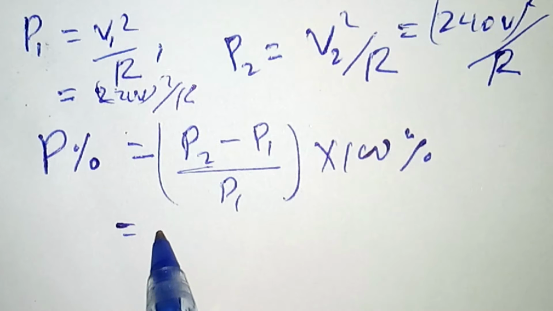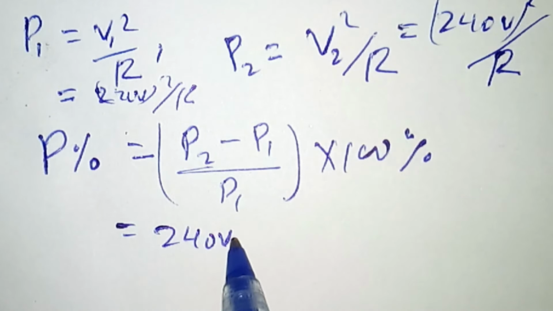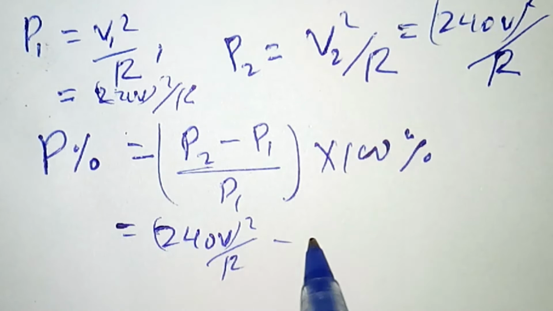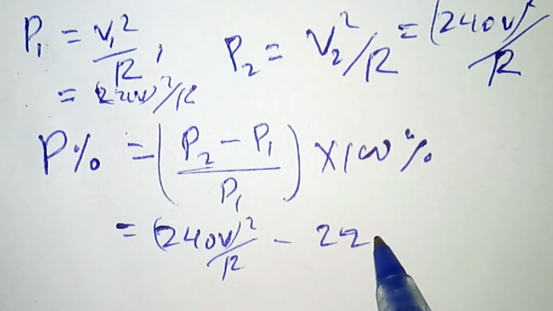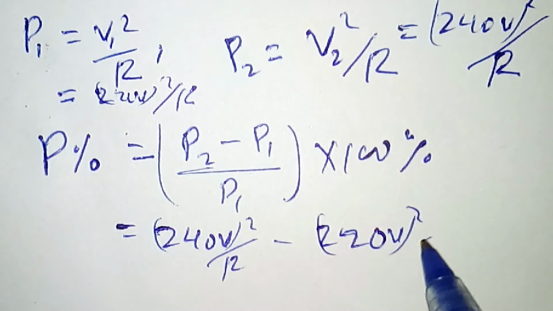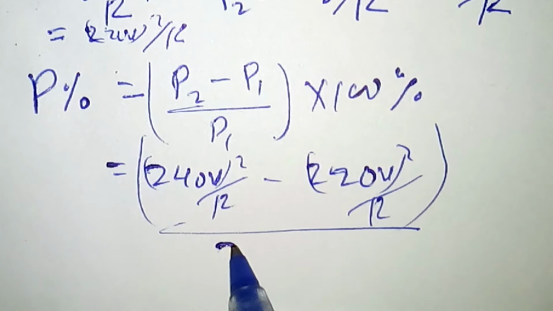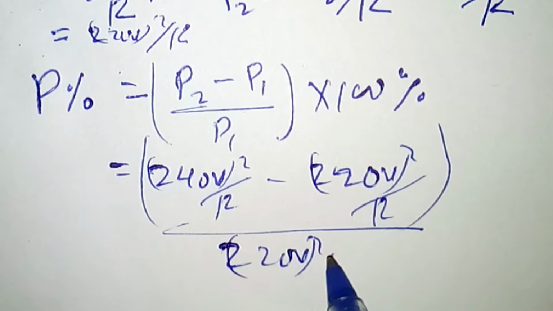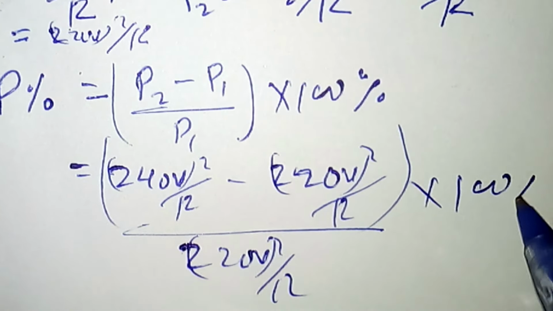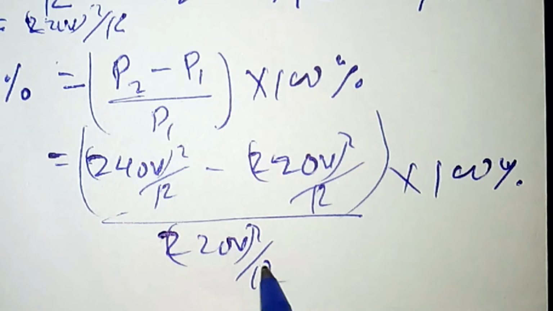So if we substitute the values, this is 240 volts the whole squared divided by R, minus 220 volts the whole squared divided by R, the whole divided by P1, which is 220 volts the whole squared divided by R, times 100%. If you do this calculation, you can take V squared over R outside and cancel.